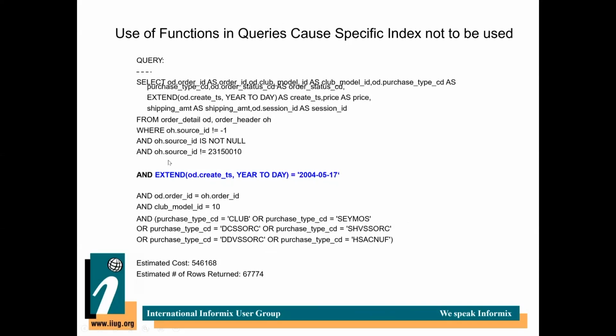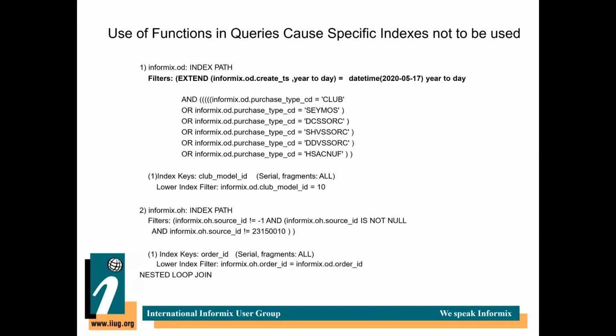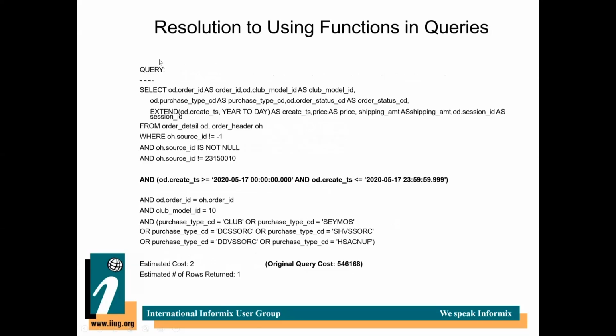A lot of times if you use any types of functions in a where clause like this, it won't use the index. For example, here it was used as a filter and not in the actual index field for the query. So it caused it to run a lot longer.